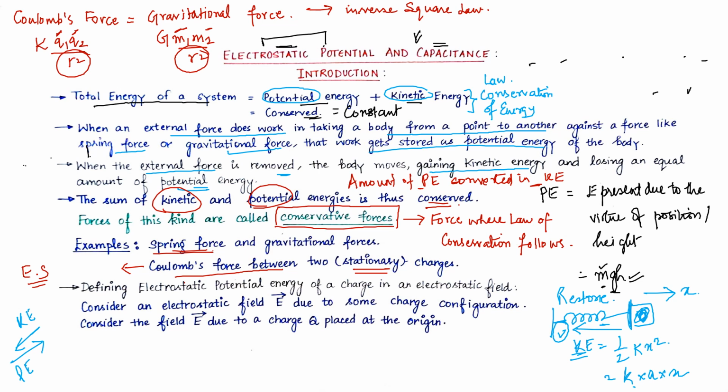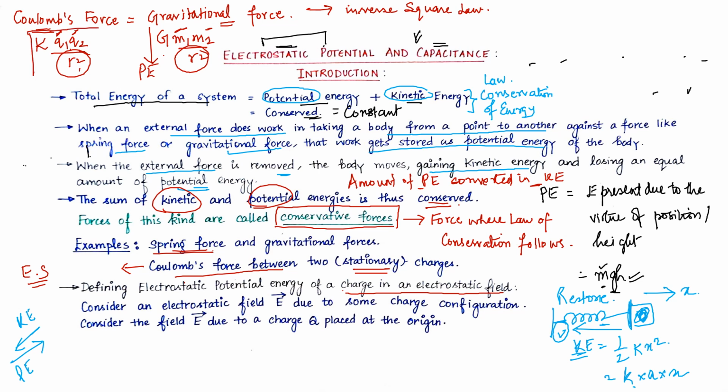Now defining electrostatic potential energy of a charge in an electrostatic field. How does this particular charge gain electrostatic potential? For the gravitational force, we are able to define the potential energy. Similarly, Coulomb's force is also similar to the gravitational force.